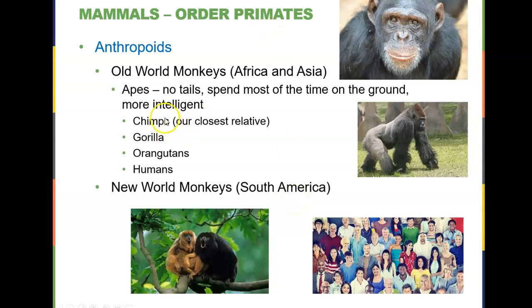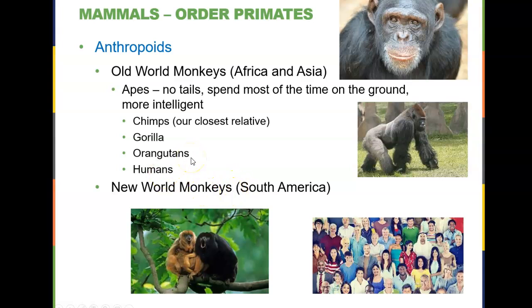And we see that we can also call these Old World monkeys the apes. They have no tails. They spend most of their time on the ground. They tend to be more intelligent than their New World members.